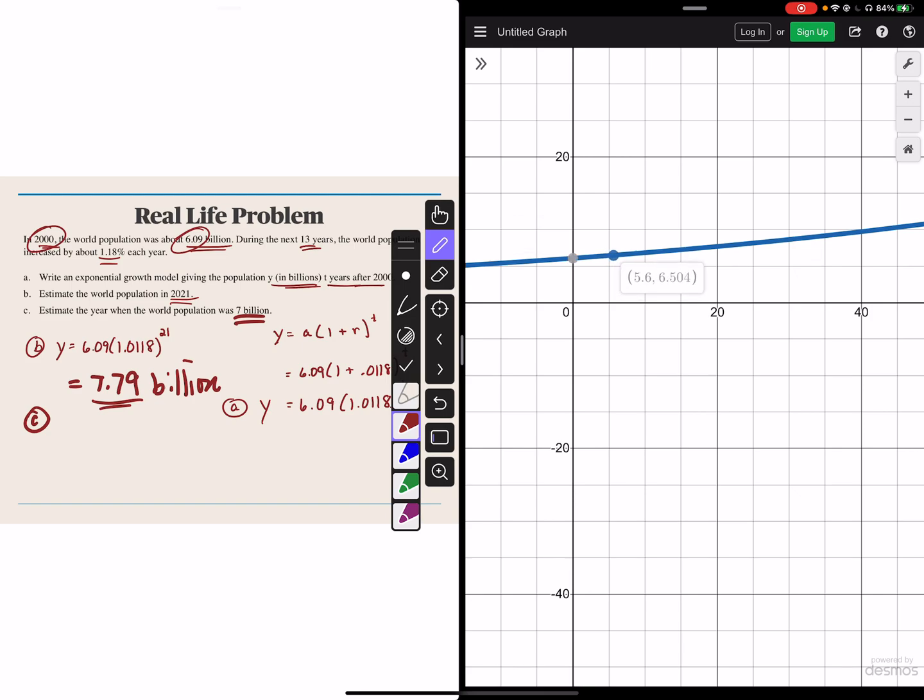So I'm just going to walk along this graph. There we go. 7 would be 6.6 years. So somewhere between 2006 and 2007, it was at 7 billion.